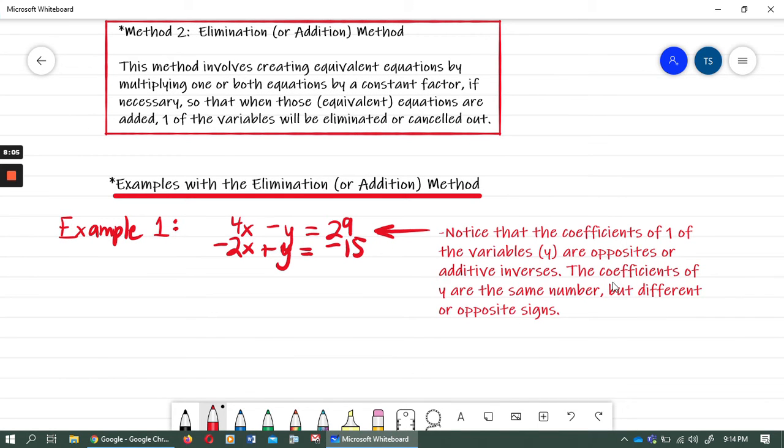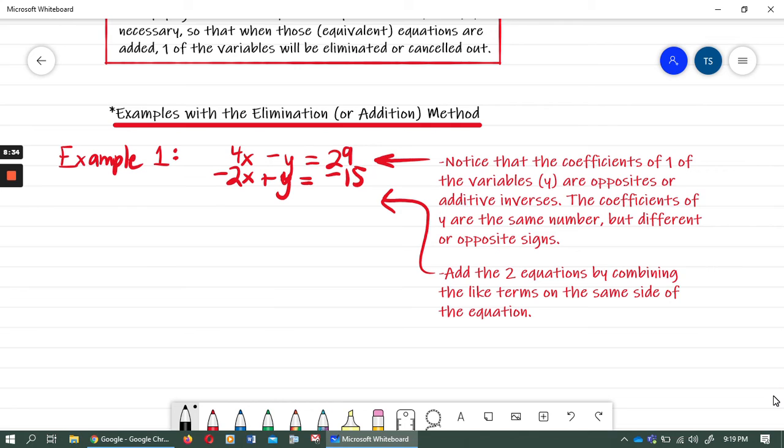Because the coefficients of y are the same number but with opposite signs, we can go ahead and add these two equations together. When we do that, it should eliminate this variable, the y, and you'll see that.